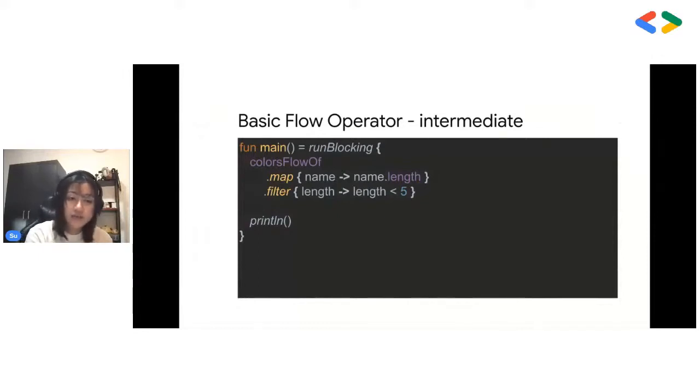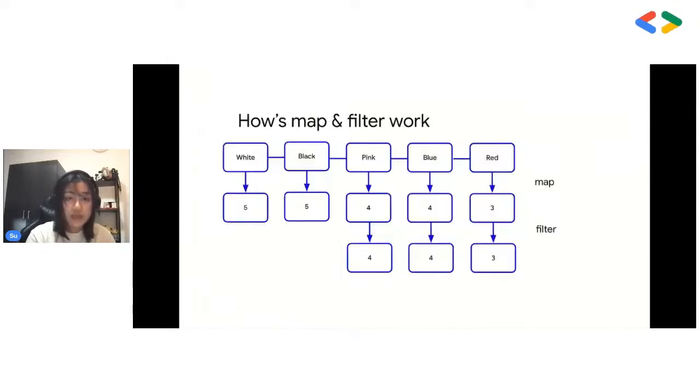Right now, the condition will be to select values below 5. The flow will emit one value at a time. The operations execute only when you invoke a terminal operator on the final stream. This is how map and filter work. You can see clearly that first I assign the string values, after that I use map to transform to integers, and after that I filter values below 5.